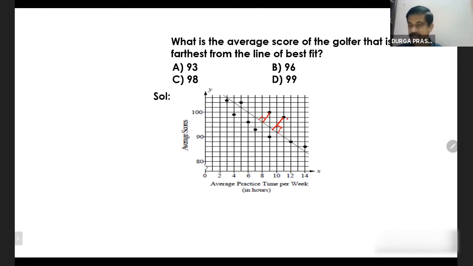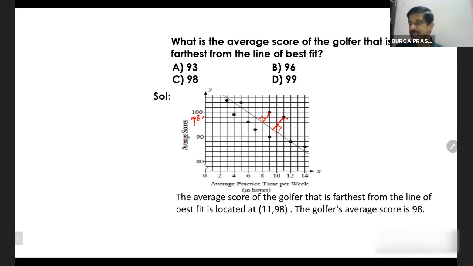Therefore, for the golfer at the farthest point, drop a perpendicular, and you can see it is touching this point. So 90 to 100: 1, 2, 3, 4, 5 units, meaning each unit should be 2. So approximately it is coming out to be 98. So it should be option C.